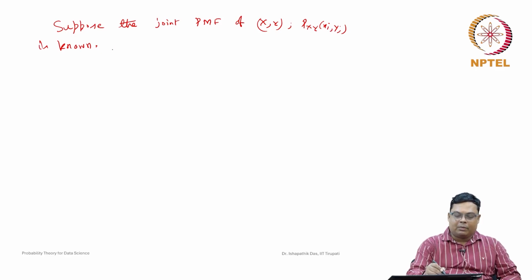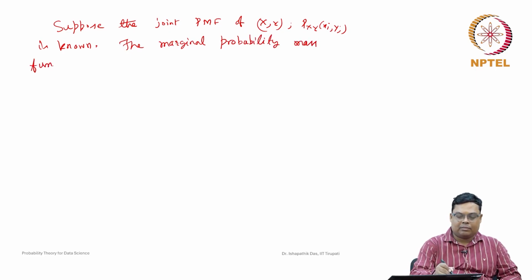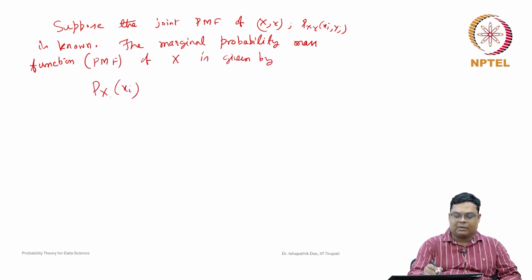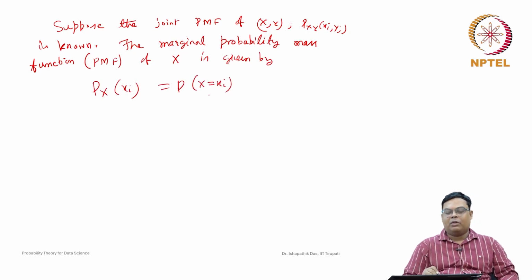The marginal probability mass function, PMF of X, is given by f_X(x_i), which is nothing but the probability that X equals x_i. How will we find that?